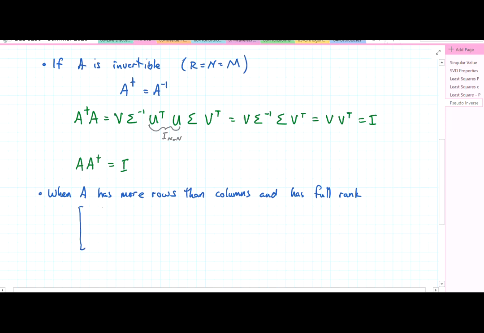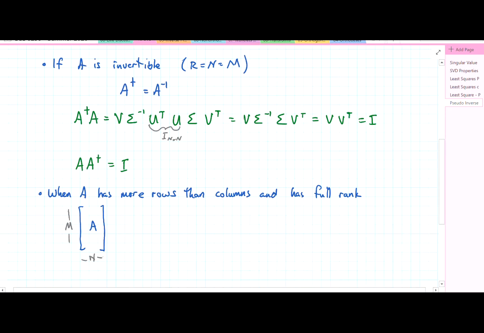So something like this. And so you'll have m rows and n columns.